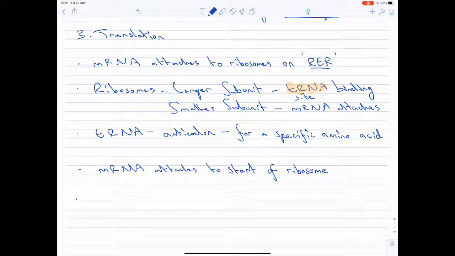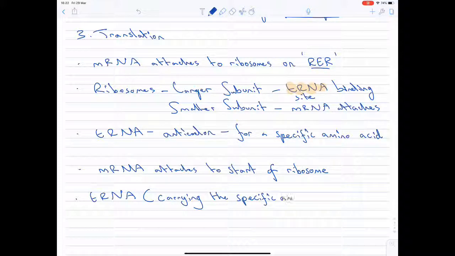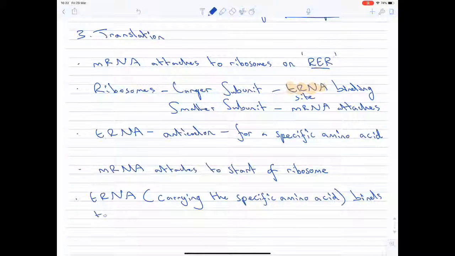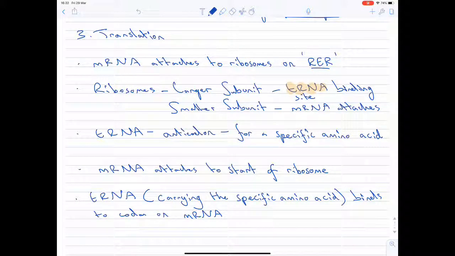So now the tRNA, and I'm going to put in brackets, to remind the examiner and ourselves in the exam, carrying the specific amino acid, binds to the codon on mRNA. So to basically form a codon-anticodon complex.